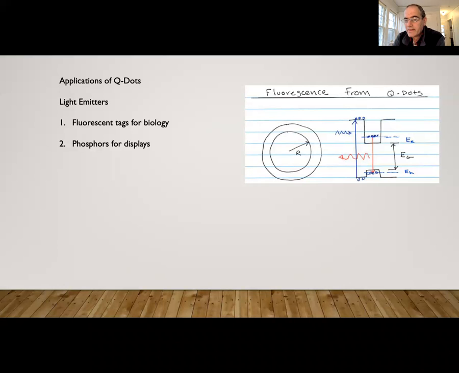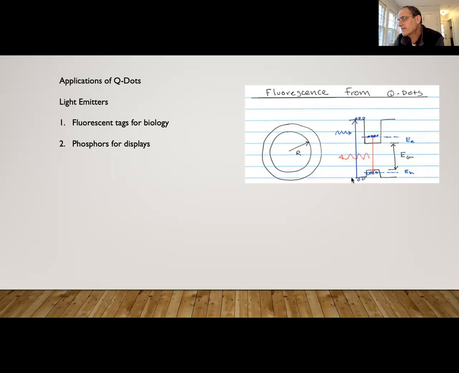Okay, so we've already talked about light emission from quantum dots, and we can see how these might work as fluorescent light emitters. In a fluorescent emitter, the dot would be excited by short wavelength light, by blue light or ultraviolet light.